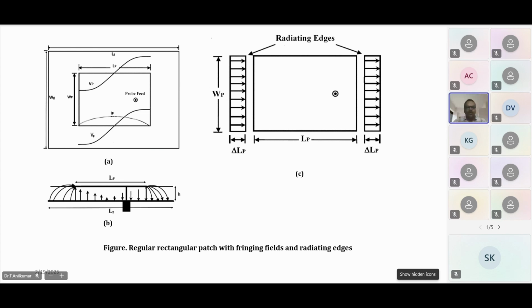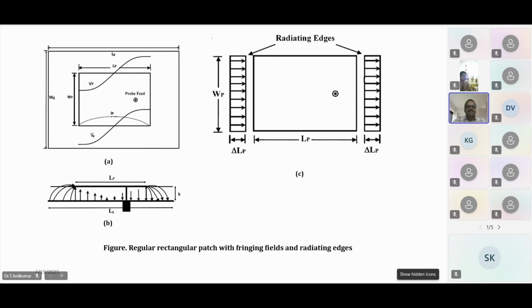Those standing waves try to escape from the patch antenna, so you have to match the impedance, which is generally 50 ohms. According to the maximum power transfer theorem, if the source impedance is matched to the load impedance, then the maximum power will be delivered to the load, so that the fringing fields between the patch and ground plane will try to escape from the radiating edges of the patch.